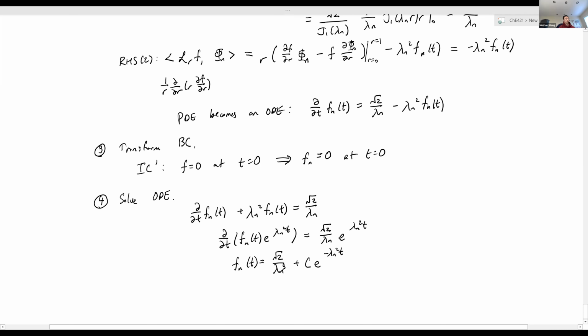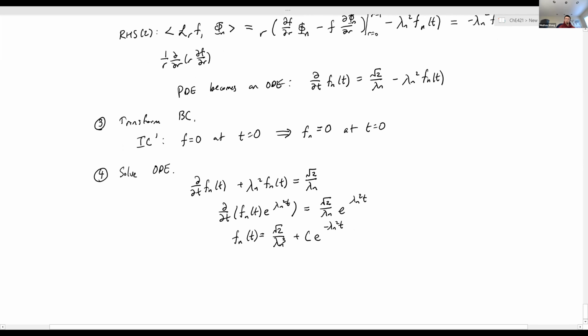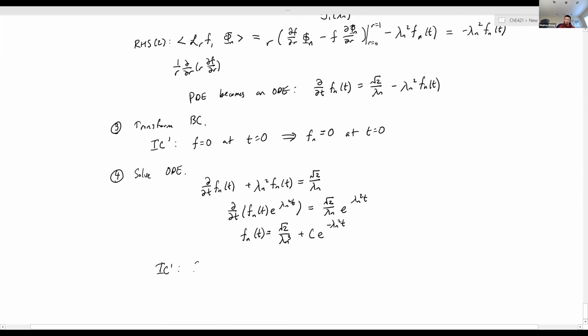And to figure out what our integration constant C is, we apply our initial condition, right? Our initial condition was that f is equal to 0 at time t equals 0. So when time t equals 0, then e to the negative lambda squared t is equal to 1.